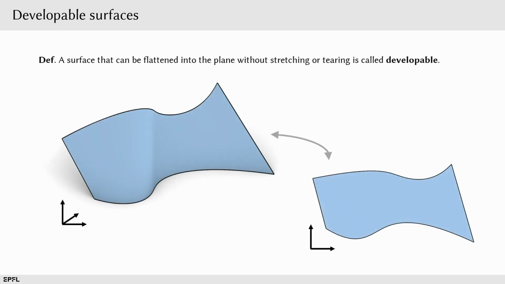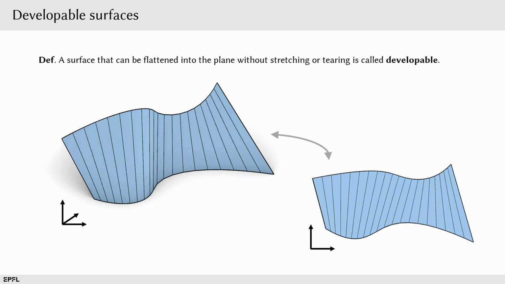Okay, so a developable surface is a surface that can be flattened into the plane without stretching or tearing. In this presentation, the theory is mainly motivated by the observation that smooth developable surfaces contain a family of lines, the so-called rulings.